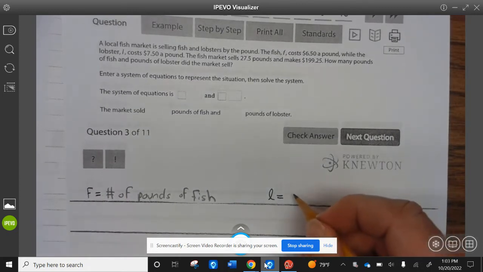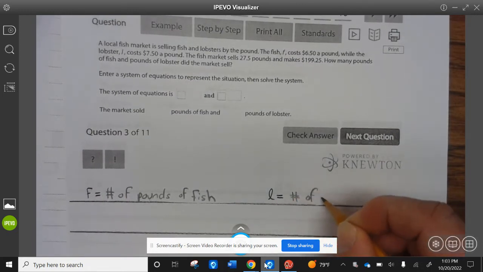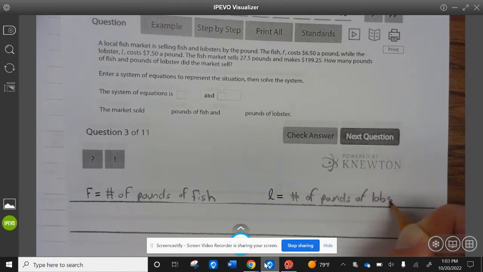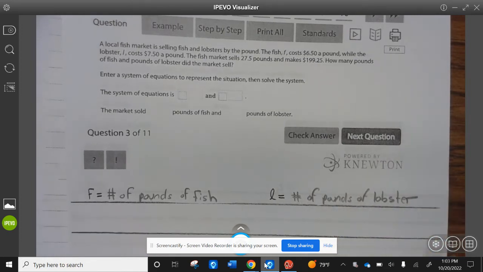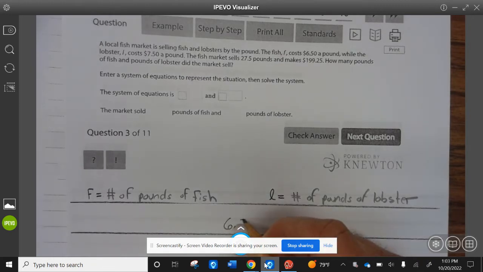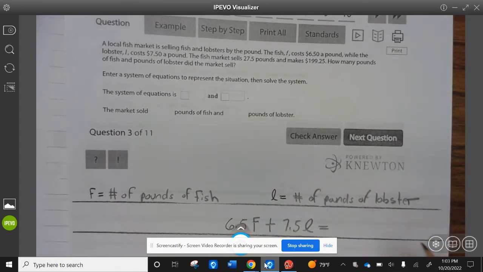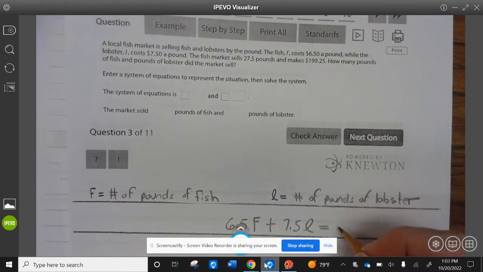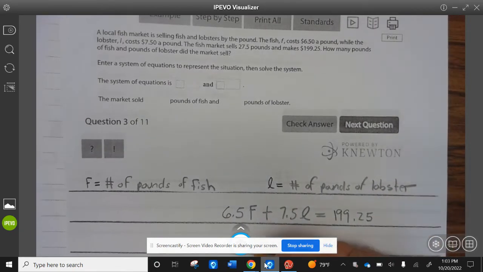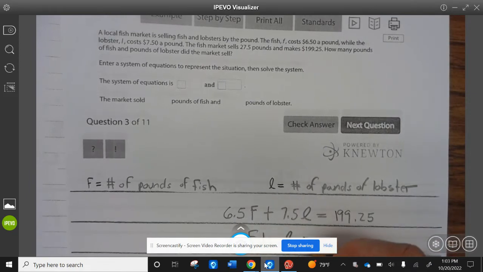L is the number of pounds of lobster. So now we know that fish costs $6.50. So that's 6.5F plus 7.5L equals $199.25. Now we know that F plus L equals 27.5.